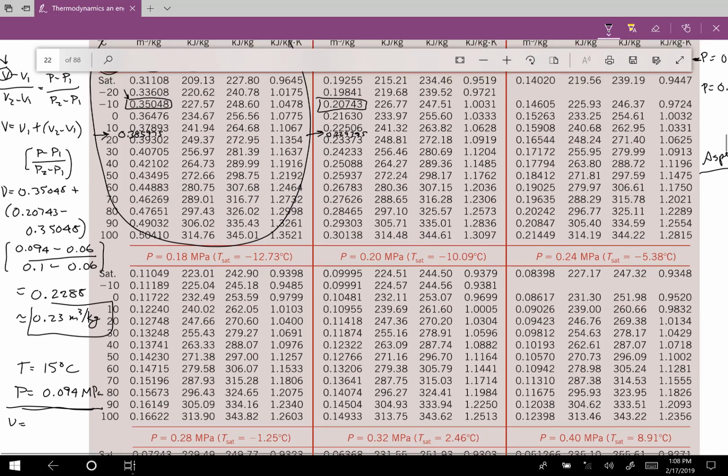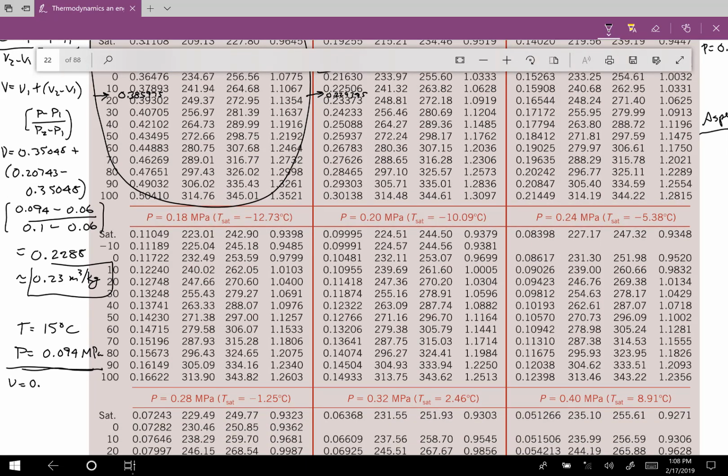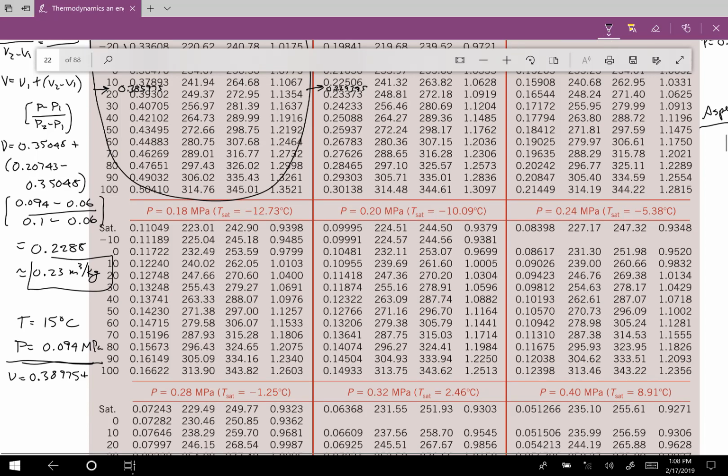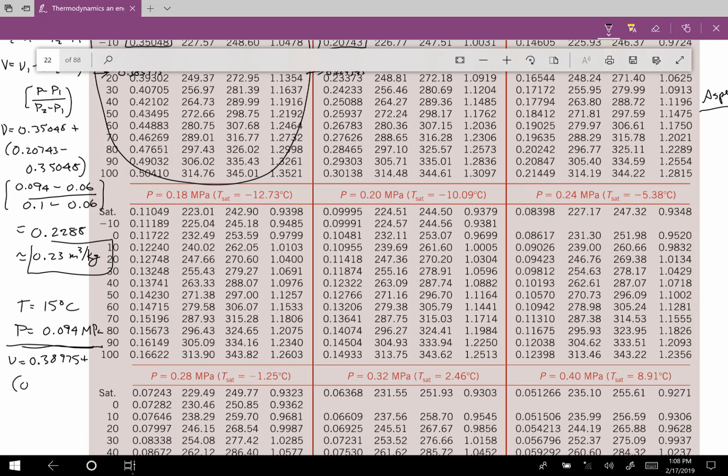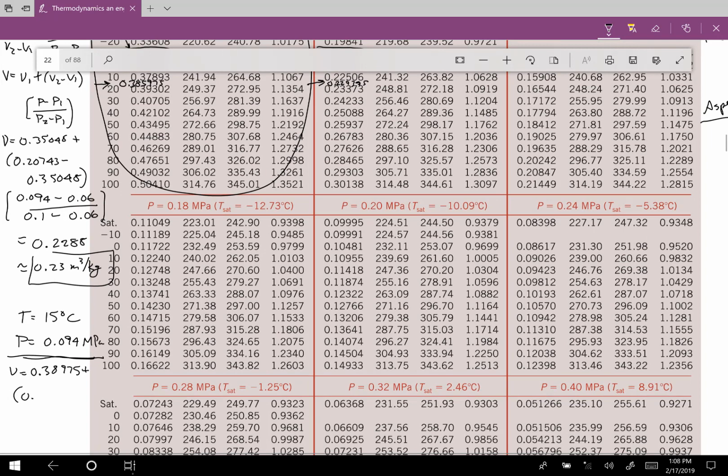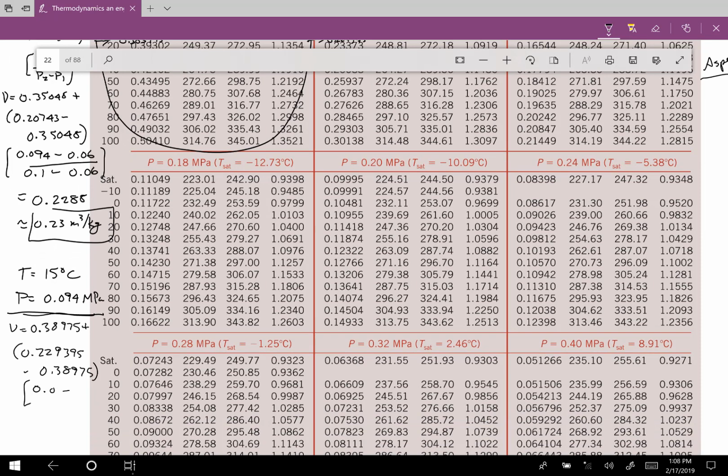V is equal to V1, which is 0.385975, plus V2 minus V1, so 0.22995 minus 0.385975, all multiplied by 0.094 minus 0.06, divided by 0.1 minus 0.06.